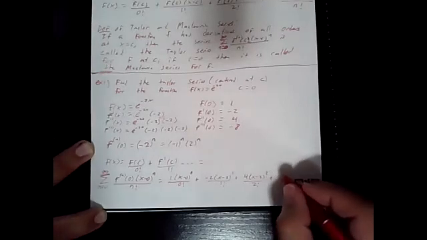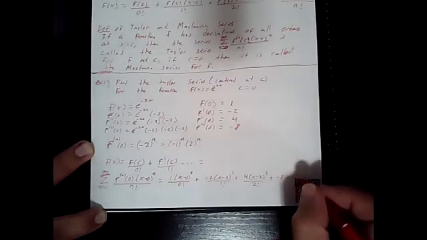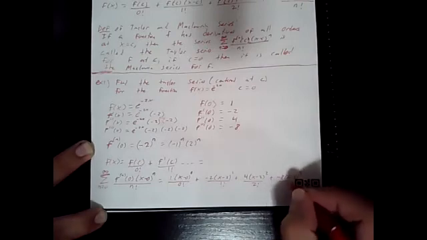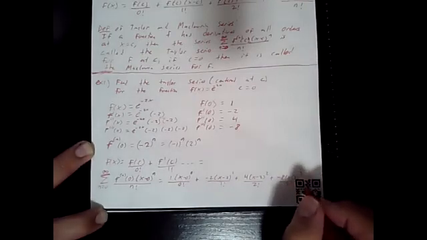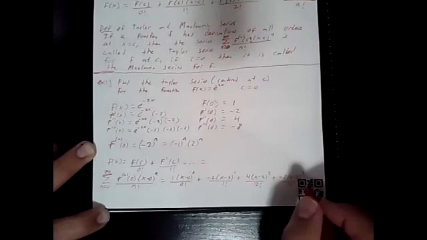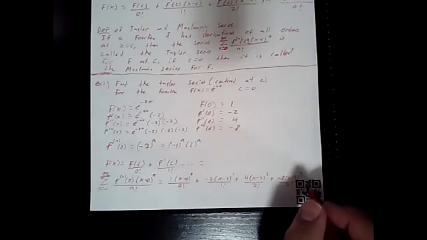Plus a negative 8 times x minus 0 cubed over 3 factorial. So the power series represents this, right? I thought I could fit it in there, but I guess not.